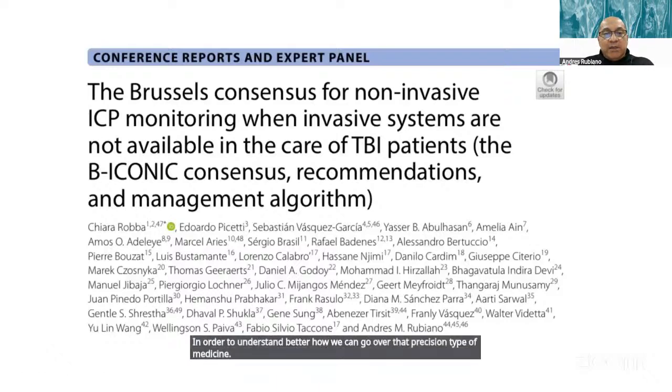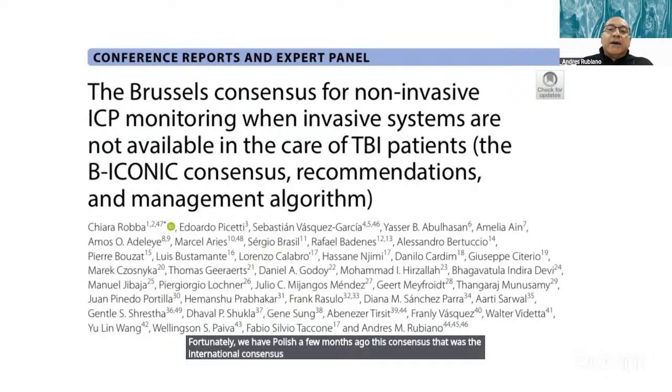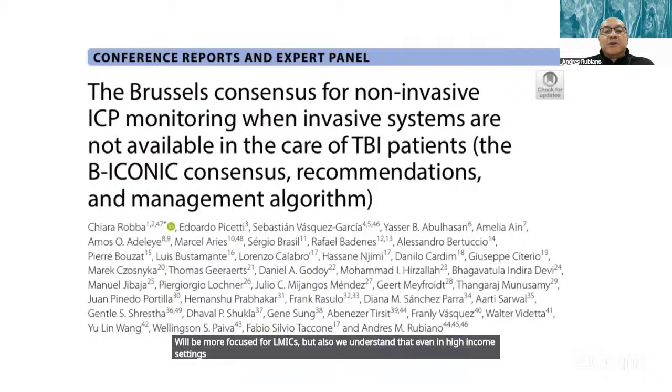Fortunately, we published a few months ago the international consensus for non-invasive ICP monitoring, especially when invasive systems are not available. That will be more focused on LMICs, but we also understand that even in high-income settings, there are many places that do not have early access to invasive systems for evaluation of compliance.